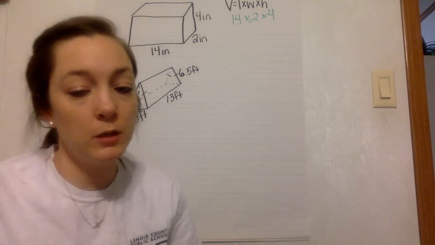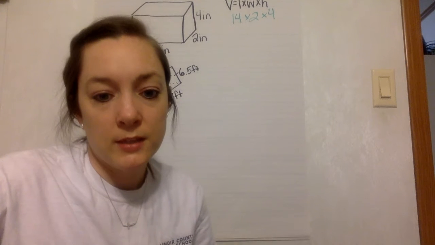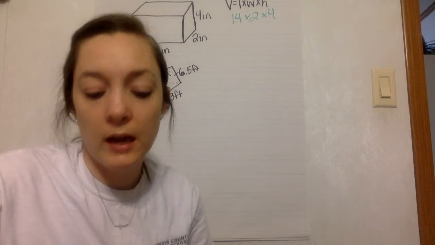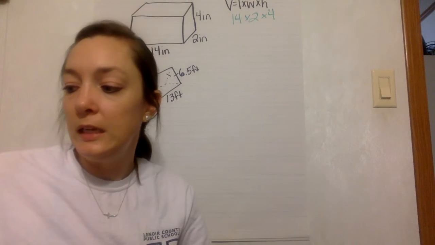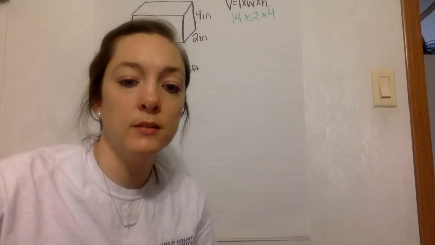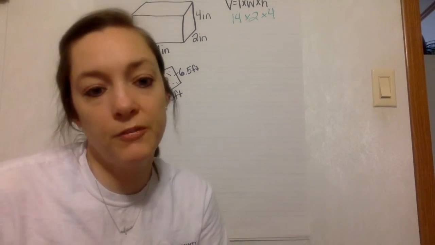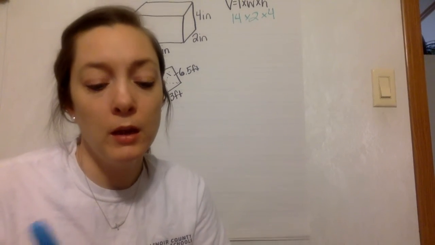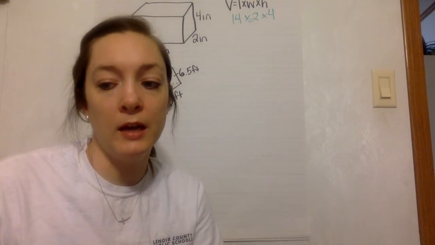But let's talk about volume today. If I want to wrap a present, typically I need to find surface area like we did last week. I want to know how much paper I need to wrap the present. Or if I want to cover some furniture, or make a dress, I need to find surface area so I know how much fabric I need for that item.